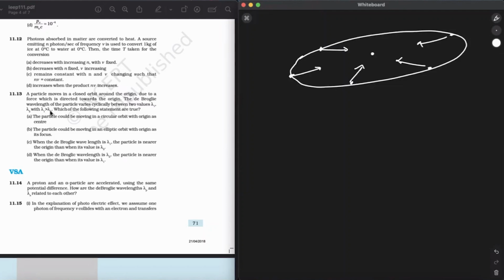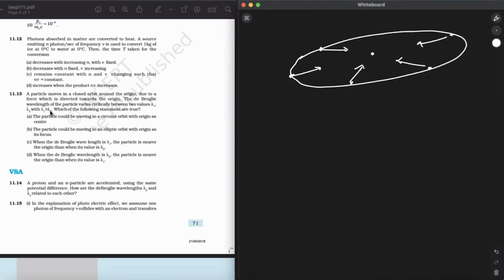So, which of the following statements are true? The particle could be moving in a circular orbit with origin as center. The particle could be moving in an elliptical orbit with origin as its focus.